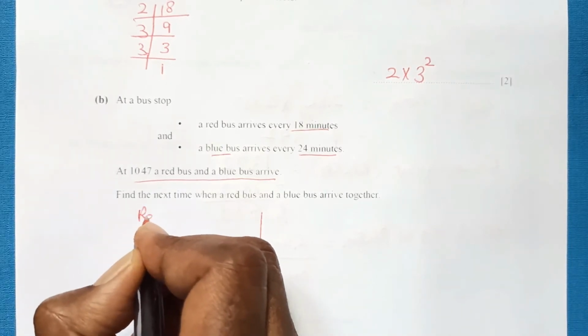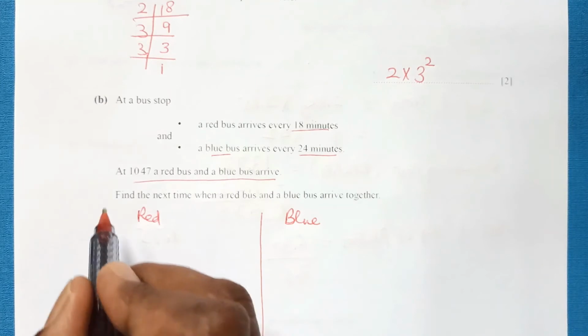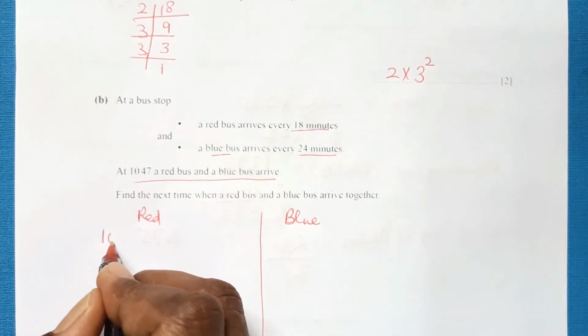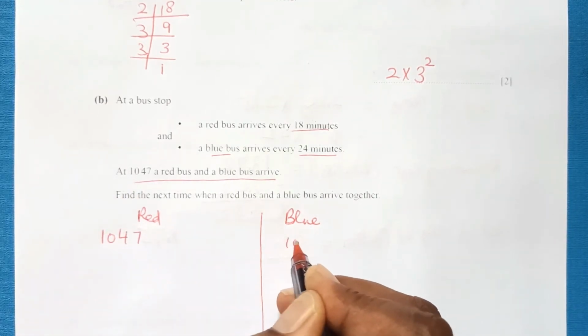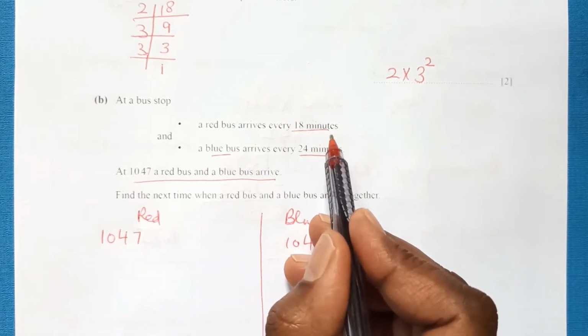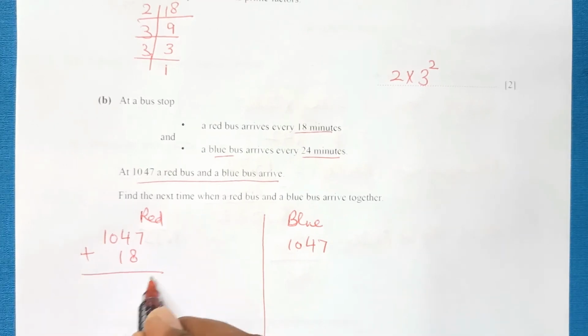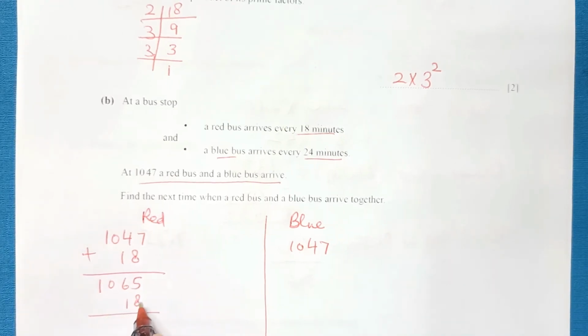So let's say this is red bus, and this side we have blue bus. So both buses arrive at 10:47. Okay, then red bus comes every 18 minutes. So we are going to add 18 here. This is 10:65, again 18.